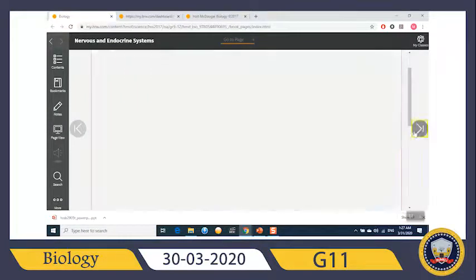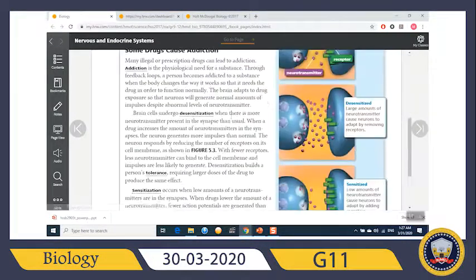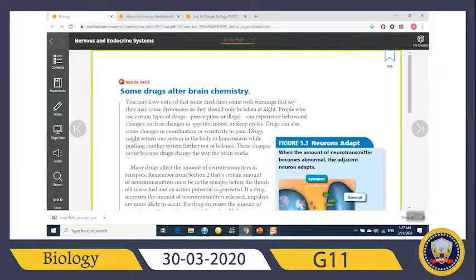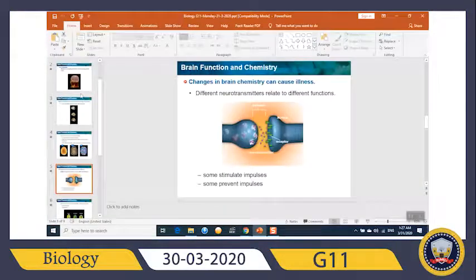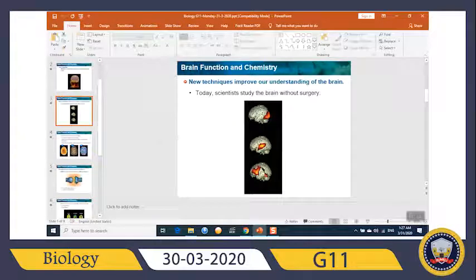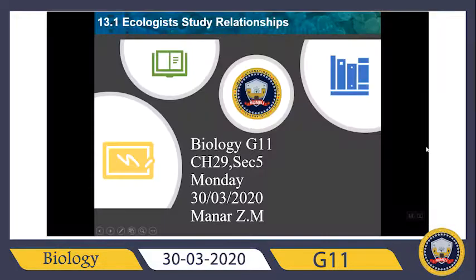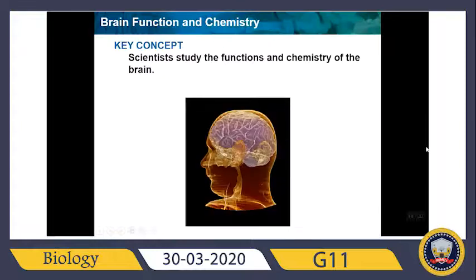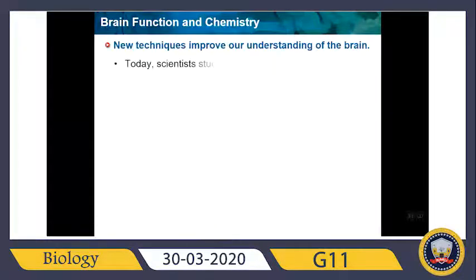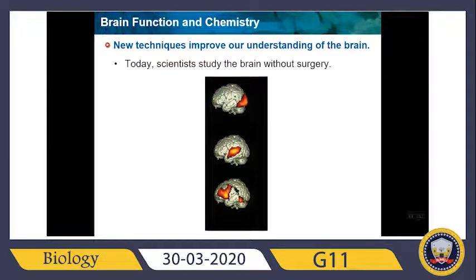So I'll stop here. We will continue our lesson, but to wrap it up and sum up our lesson today: scientists cannot study the brain in classical ways like dissecting or surgery. So we turn to technology.